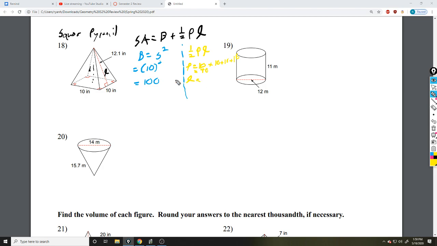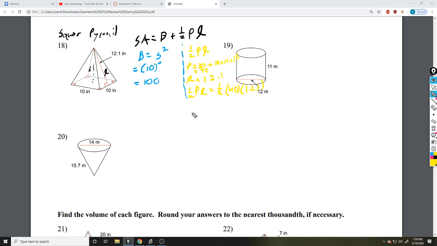Our slant height is our distance down here up to the top. So our slant height is going to be 12.1. So in total, 1/2 our perimeter times our slant height is going to be 1/2 times the perimeter, 40, times our slant height, which is 12.1.